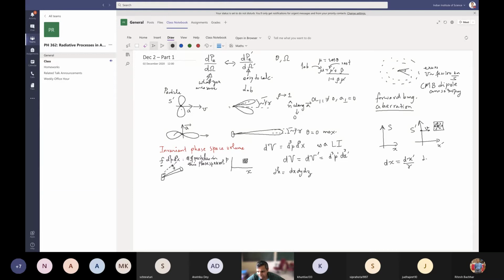This is just Lorentz contraction: the length is contracted in a moving frame. This was the rest frame. So, considering symbolically some phase space volume, because of this motion in the x direction, it will be compressed in the x direction by this factor.